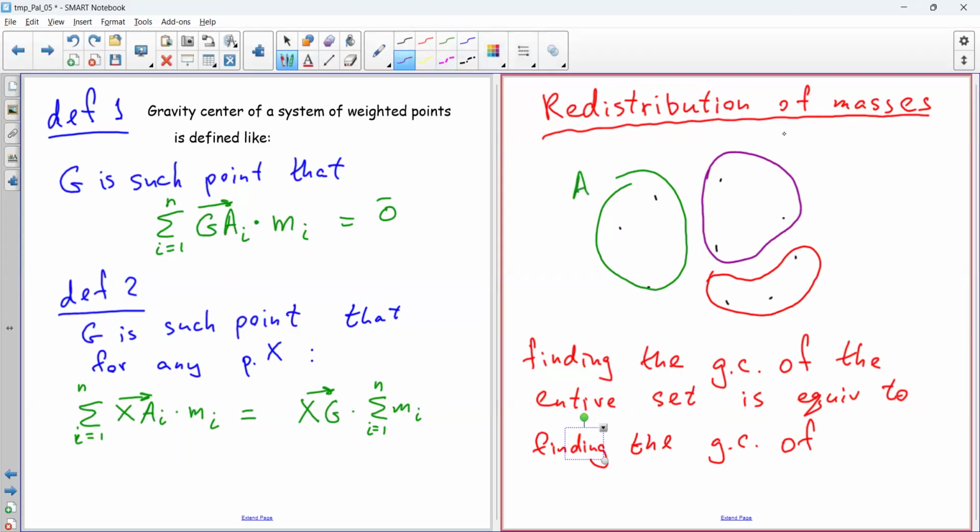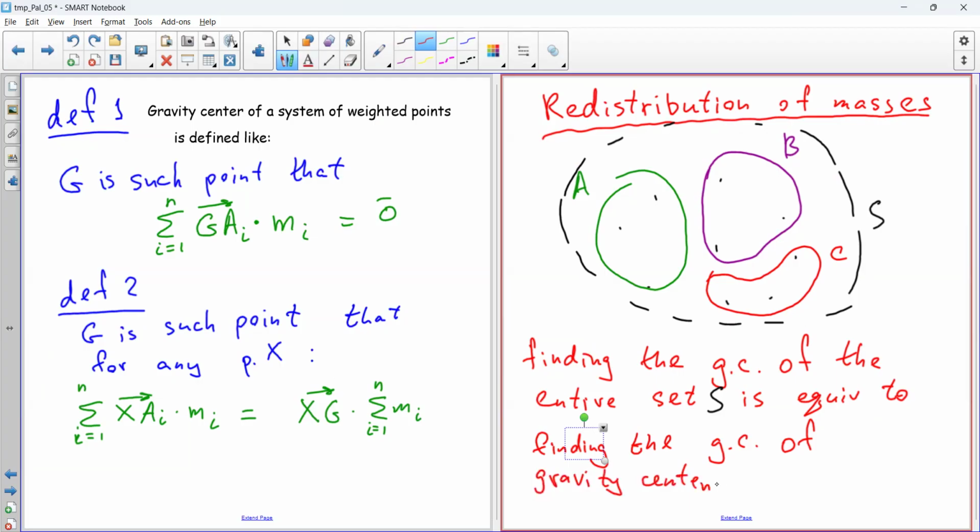So this would be A, B, C, and altogether that would be set S. Finding the gravity center of the entire set S is equivalent to finding the gravity center of gravity centers: GA with mass of A, the total of the masses here, then GB and the total mass in set B, and so on, with the subset C and so on.